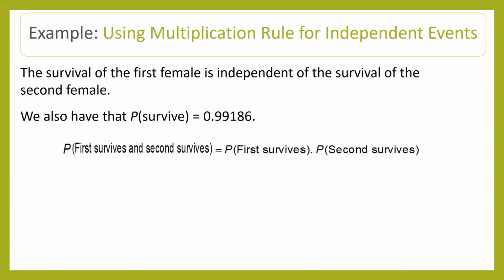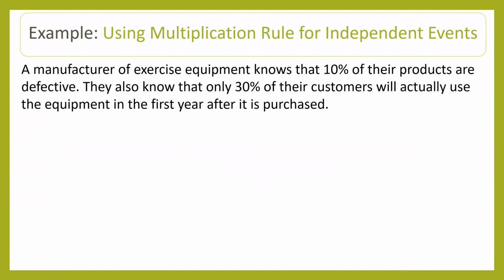So we multiply the probabilities. Each of them surviving has probability 0.99186, so we just multiply the two numbers. We get 0.9838.